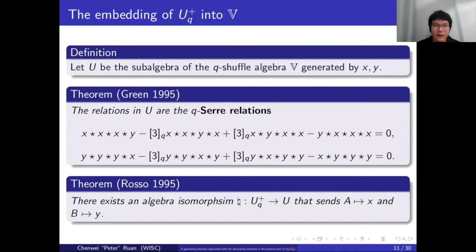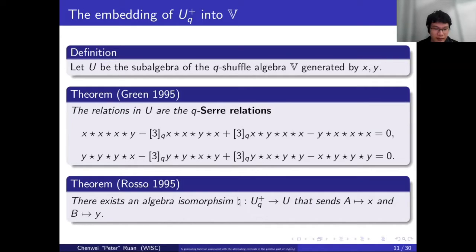Let U be the sub-algebra of the q-shuffle algebra generated by x and y with respect to the star product. The relations in U are exactly the q-Serre relations. This was discussed by Green in 1995.